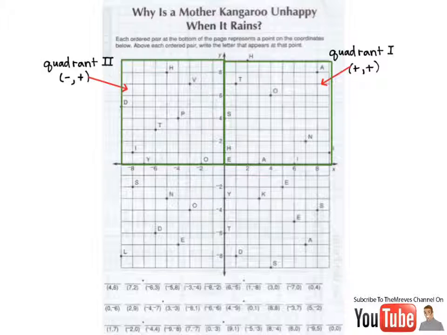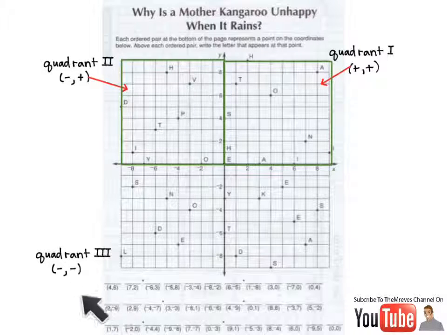Now, quadrant 3 is right here, and it is negative. So all the numbers that are negative are going to be found right here. So here's quadrant 3.